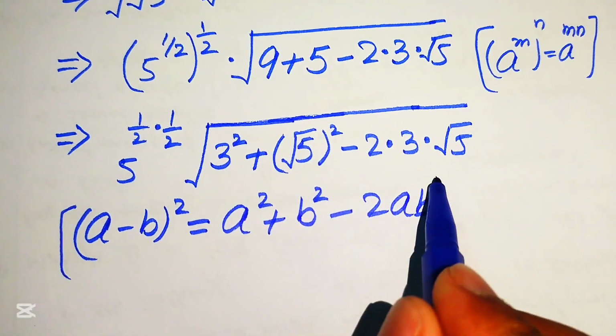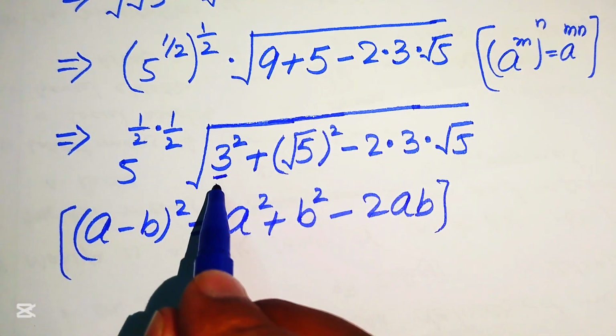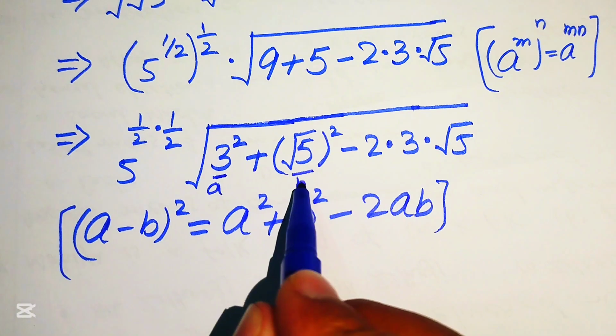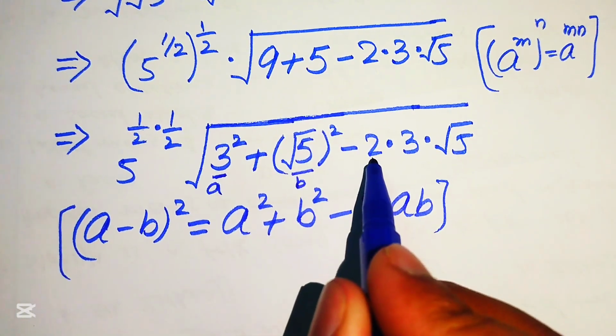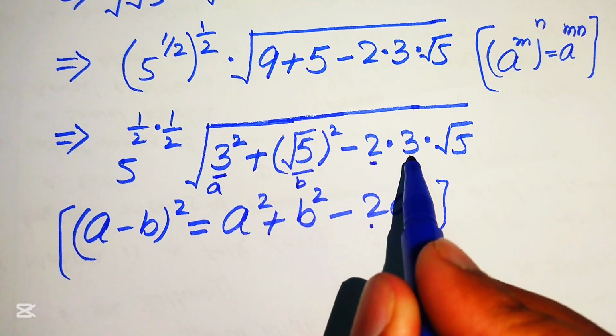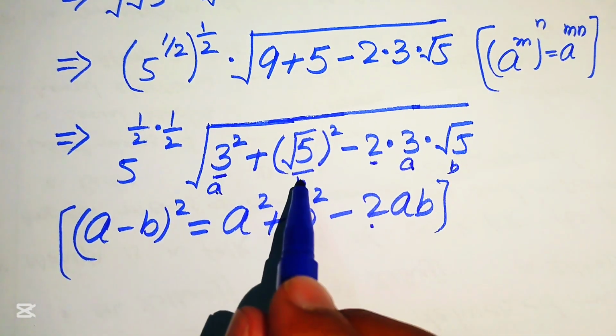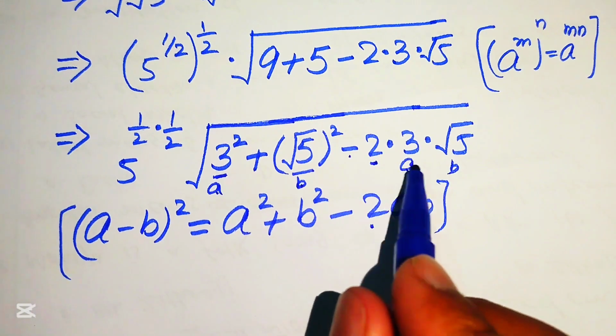So according to this rule, if you look inside this term, our a is 3 and our b is the square root of 5. So again, this is the formula, and here you have a and b. So you see, this is a square plus b square minus 2 times ab.